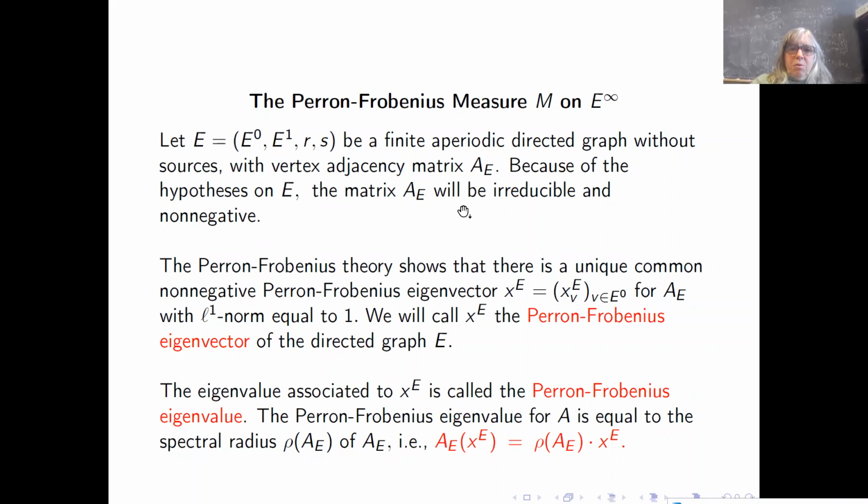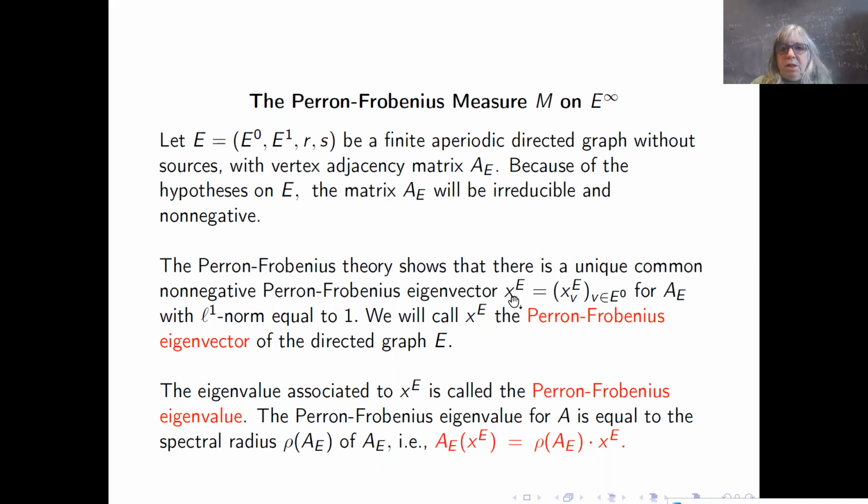And then we will have a greatest eigenvalue, non-negative and greater than 1, for A_E. And therefore we can get from the maximum eigenvalue a non-negative eigenvector, the so-called Perron-Frobenius eigenvector for this matrix. This turns out to be very important in the study of the infinite path space because it allows you to put a very nice self-similar measure on the infinite path space.